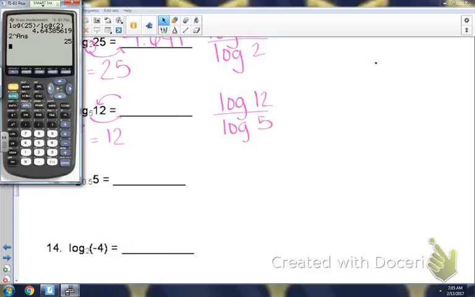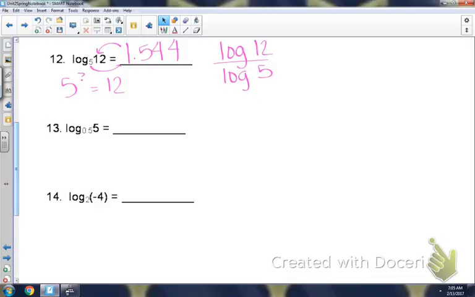So I'm going to do log of 12 divided by log of 5. 3 decimal places again, 1.544. Again, you can check it. 5 to that power should equal 12. So 5 caret, and use the whole decimal so that it's most accurate. Second negative. And then notice it gives you that 12.